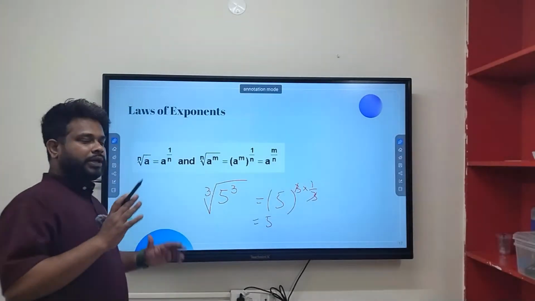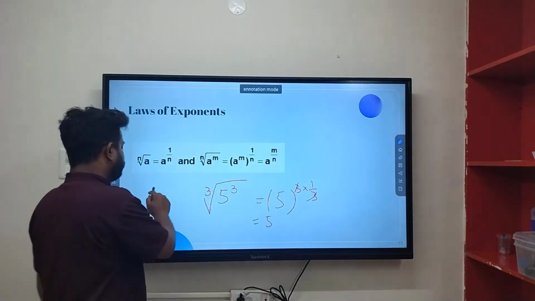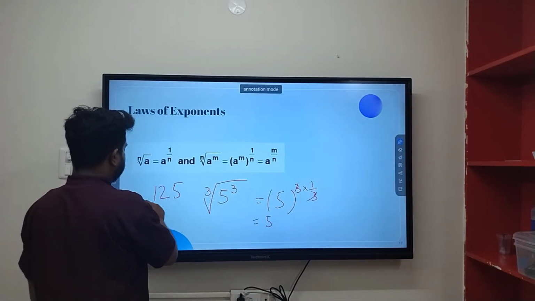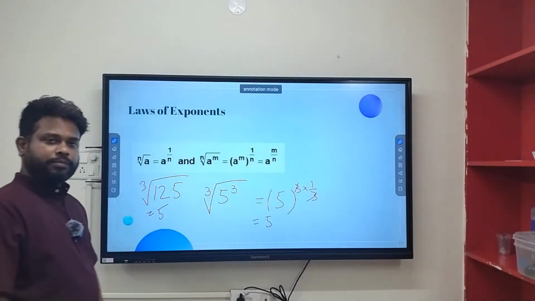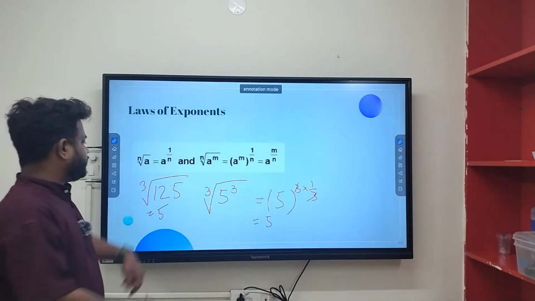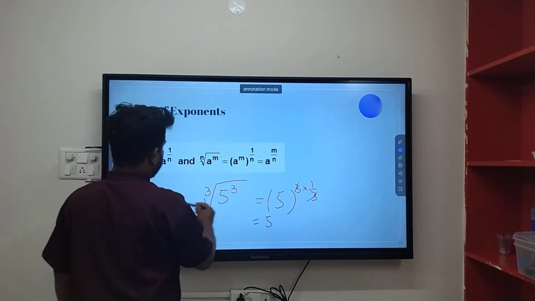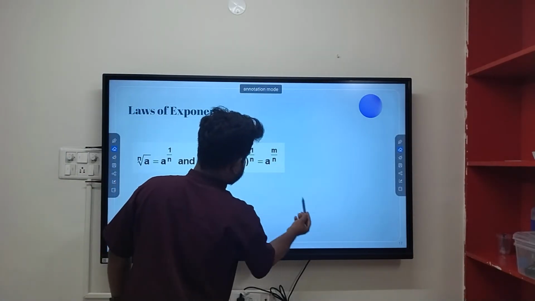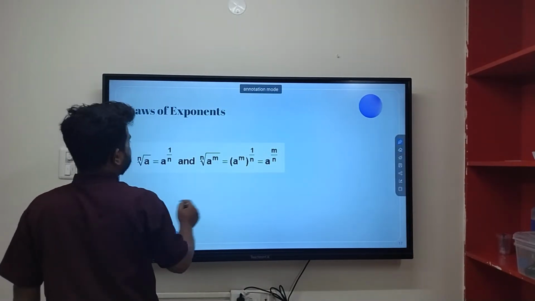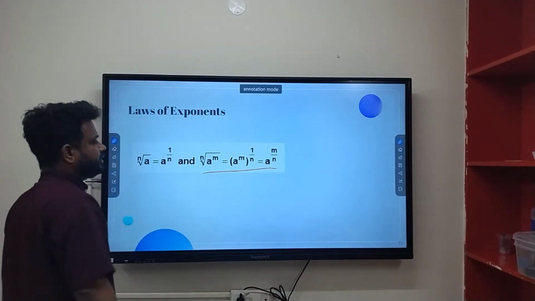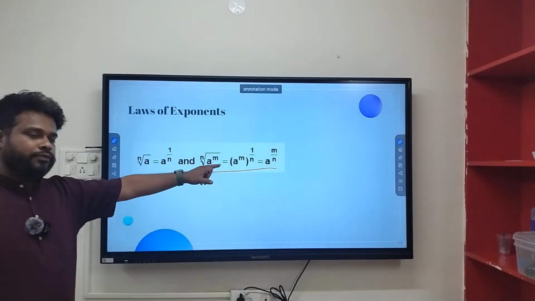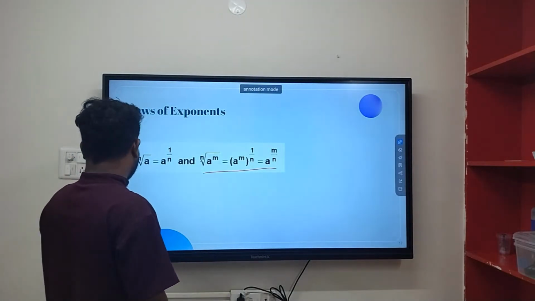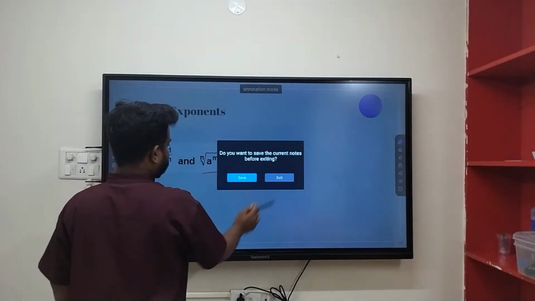We already know that 5 cubed gives us 125, and the cube root of 125 becomes 5. So these are all the power rules of exponents. We already saw this formula here. Now we will go to the next slide.